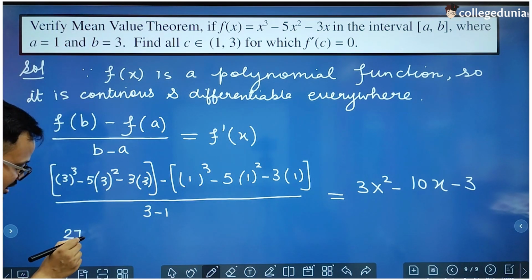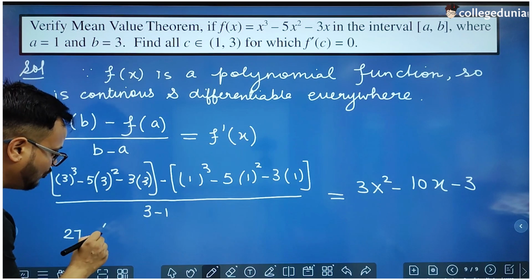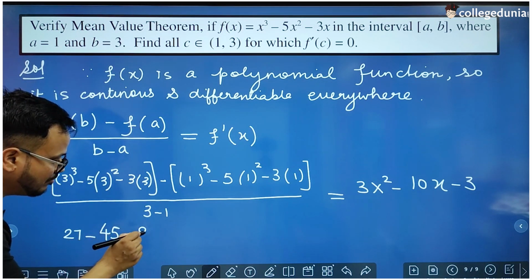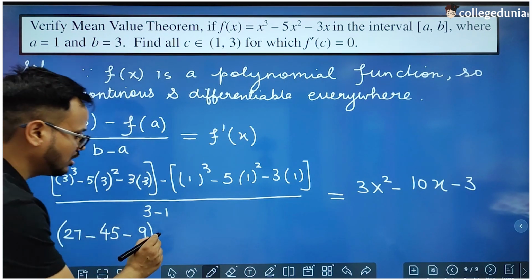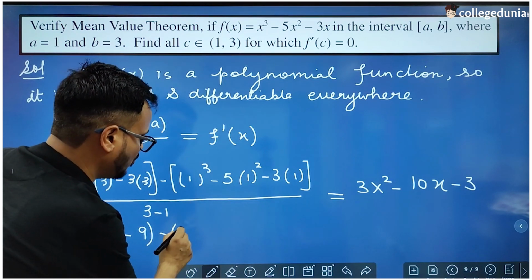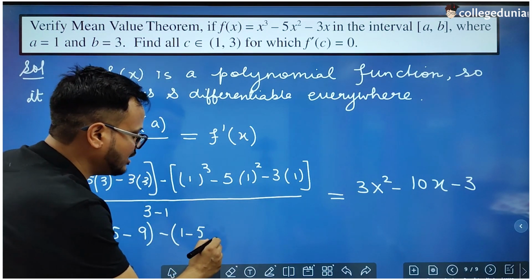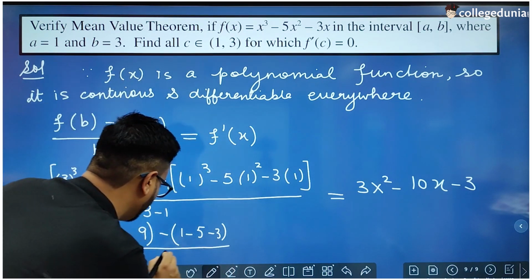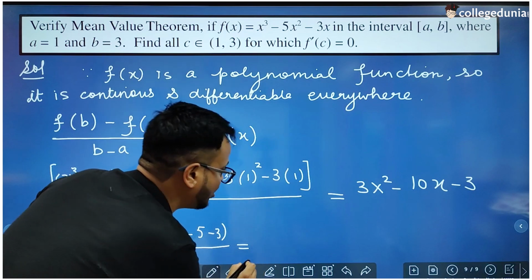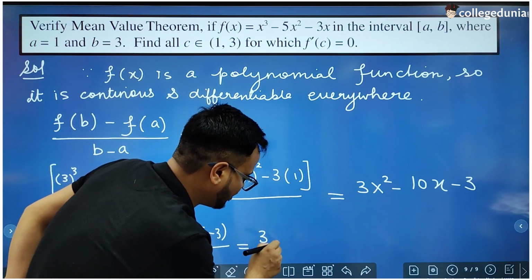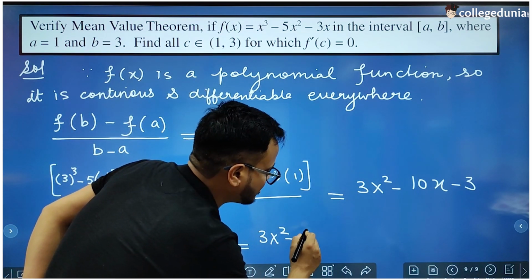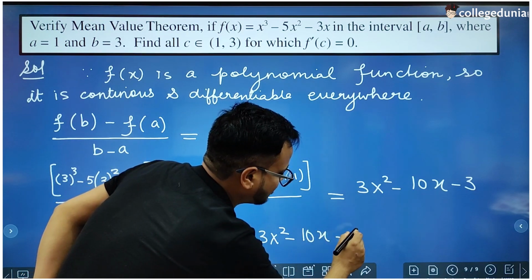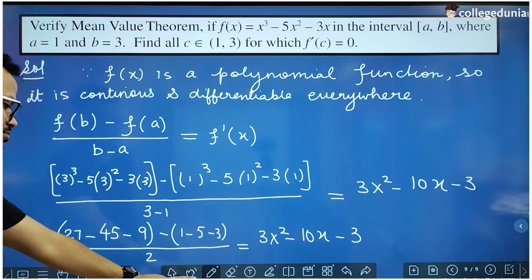This is 27 minus 9 into 5, 45 minus 9 minus 1 minus 5 minus 3, divided by 3 minus 1, 2, equal to 3x square minus 10x minus 3.